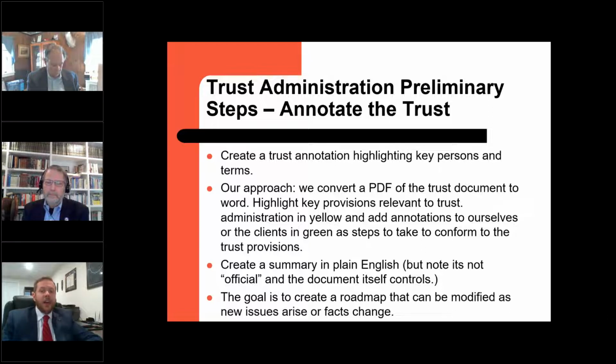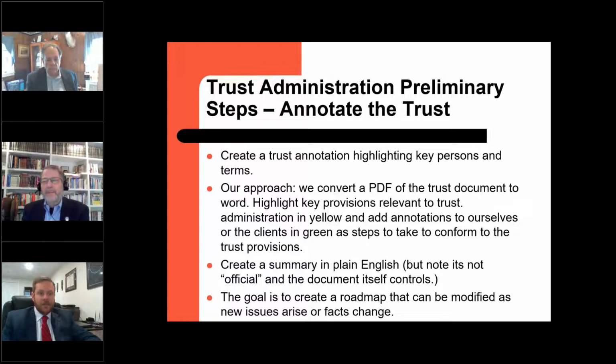It has a copy of the death certificate attached to it. It has the specific governing for the trustee's ability to open an account with that trust. It's just a way to practically help the client deal with and administer that trust.